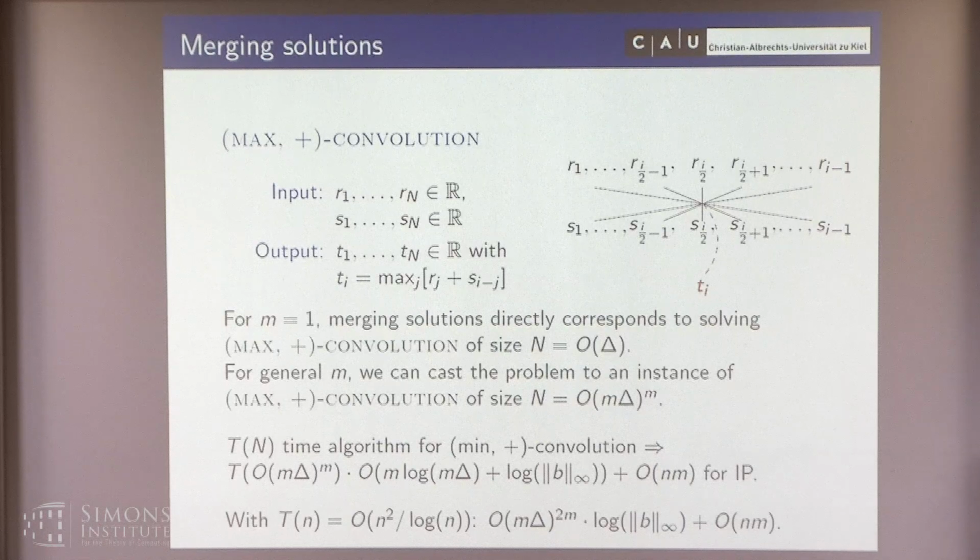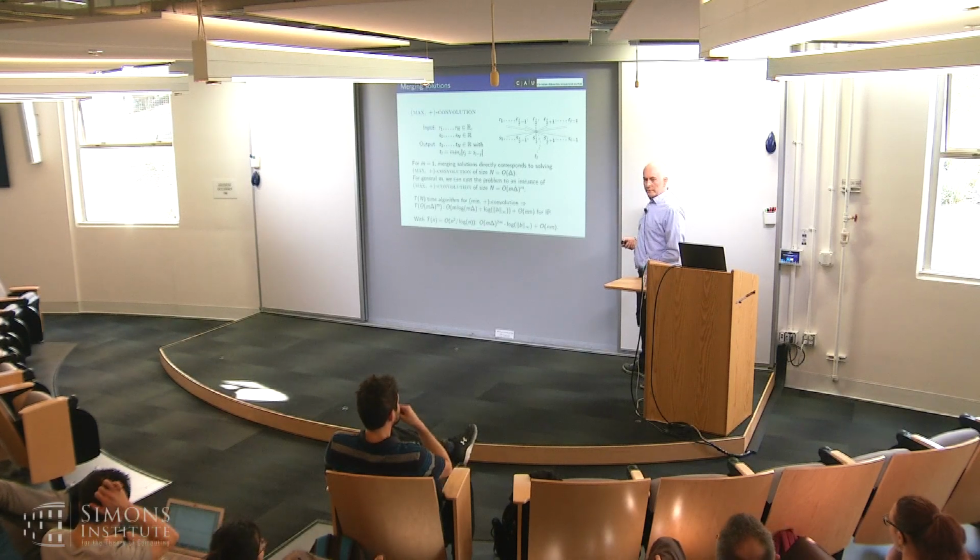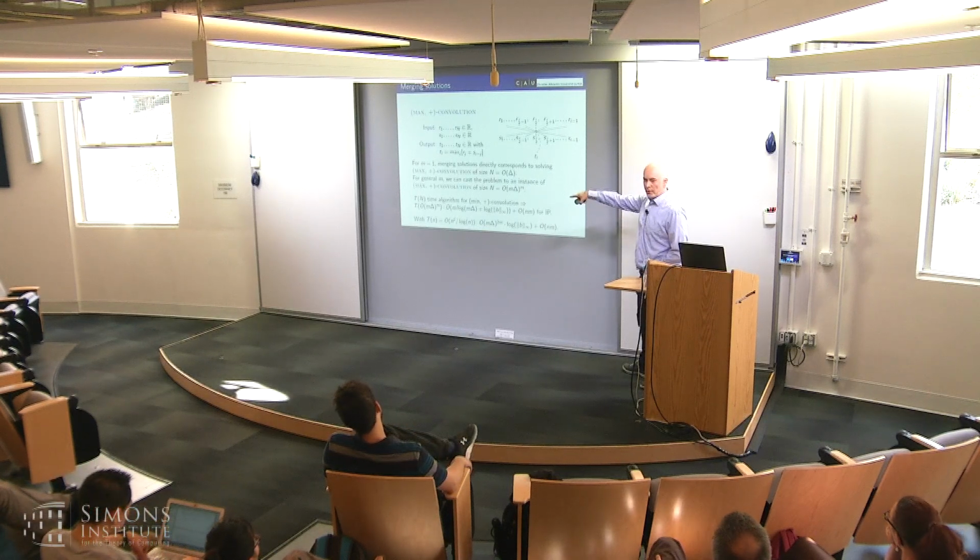So n squared is trivial, but this n squared over log n requires more. There are some recent papers where people looked at how to improve this slightly. So n squared over log n is classical, or is it more involved? No, it's also more involved. Ah, okay. And there are also some further results, slightly better than this.